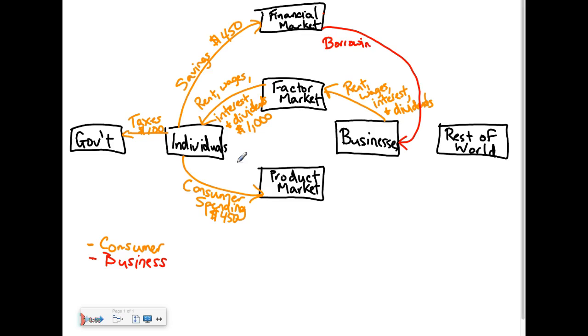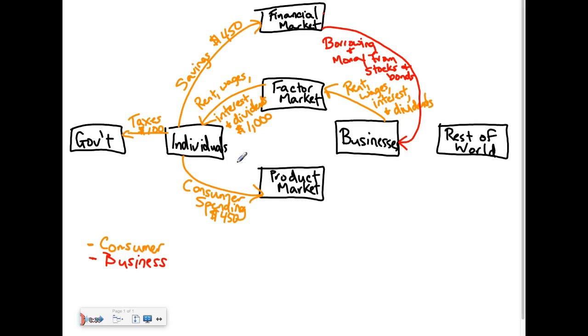So they'll borrow some money from banks, but they will also get money from the sale of stocks and bonds.